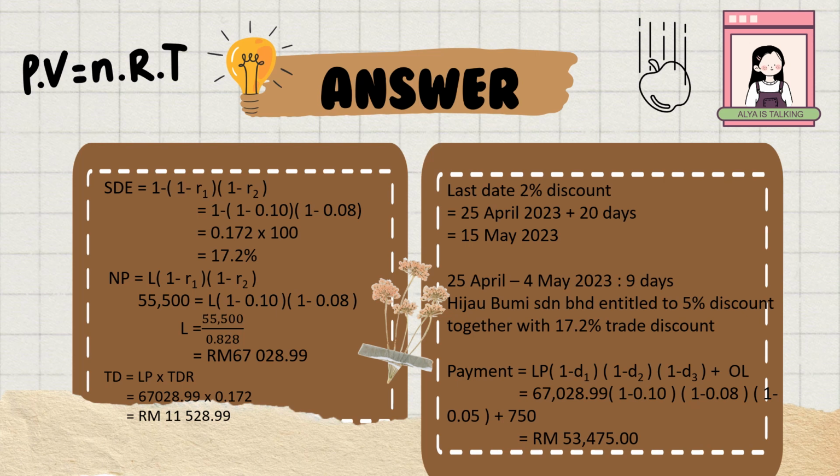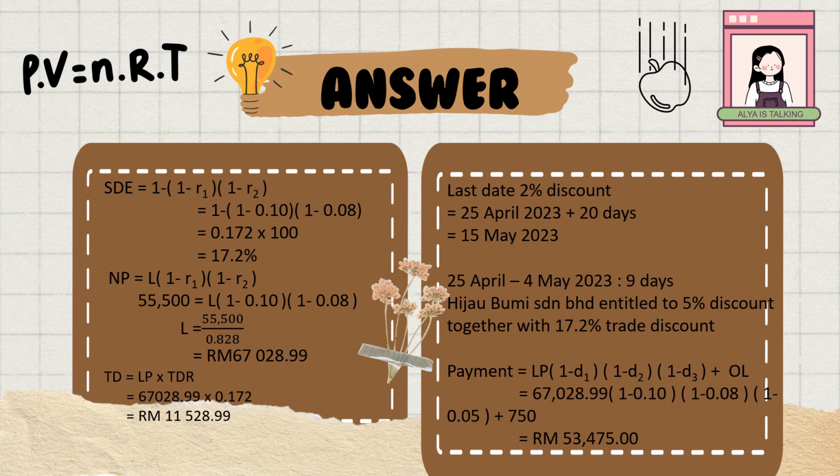B. To find the list price, we use the net price formula, which is net price equal to list price times 1 minus trade discount rate. Since we have two discount rates, we have to multiply it twice. The net price was given, so we put it into the formula. 55,500 equal to list price times 1 minus 0.10 and times 1 minus 0.08.